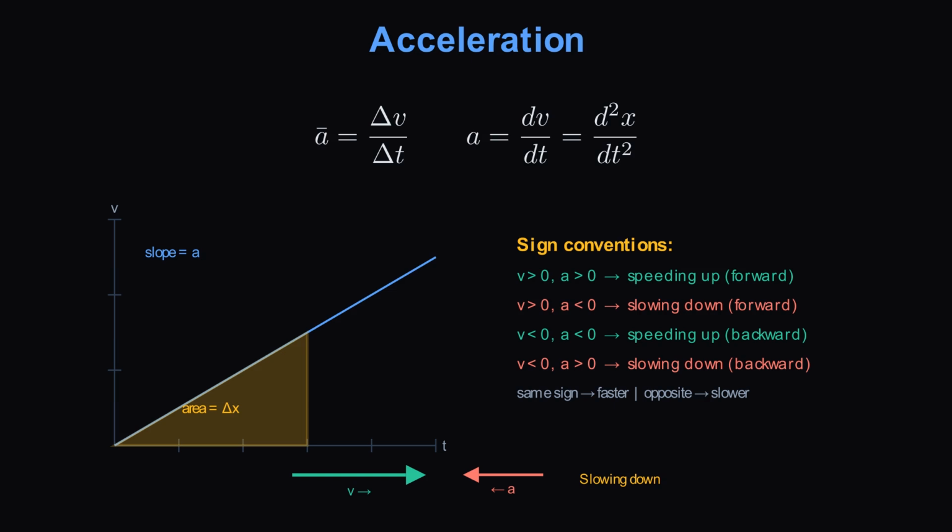We will analyze this case in detail next week. The most powerful results in one-dimensional kinematics emerge when acceleration is constant. This is a special case, but it includes two of the most important scenarios in introductory physics: uniform acceleration under a constant applied force and free fall under gravity.